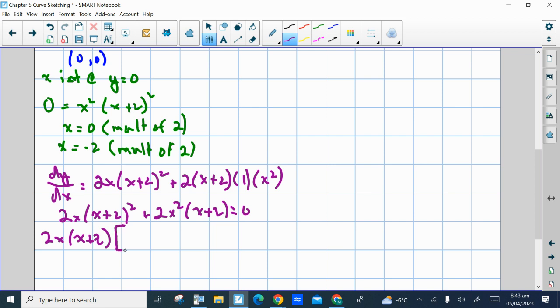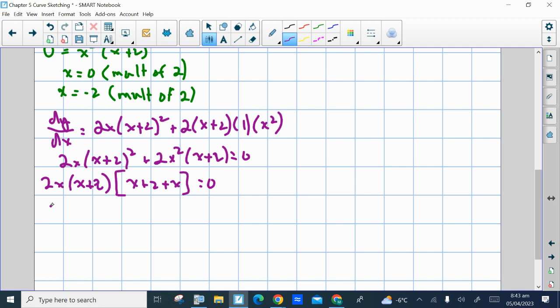And so if you take that out as a common factor, from the first term you're going to be left with x plus 2, and from the second term you're just going to be left with x. So I have 2x bracket x plus 2 bracket, and then that's just going to be 2x plus 2.